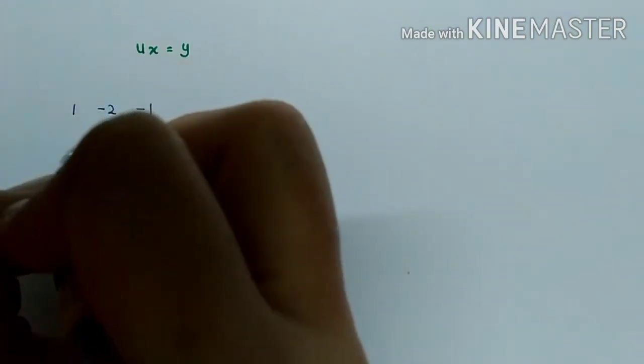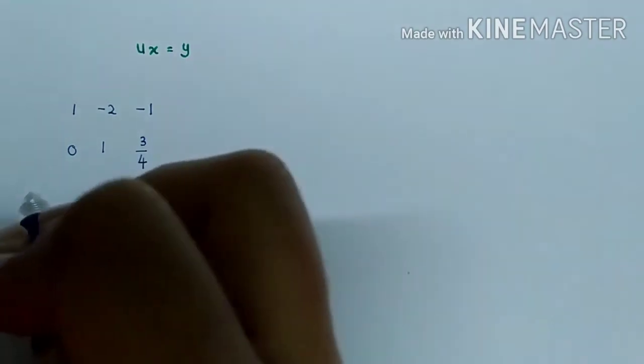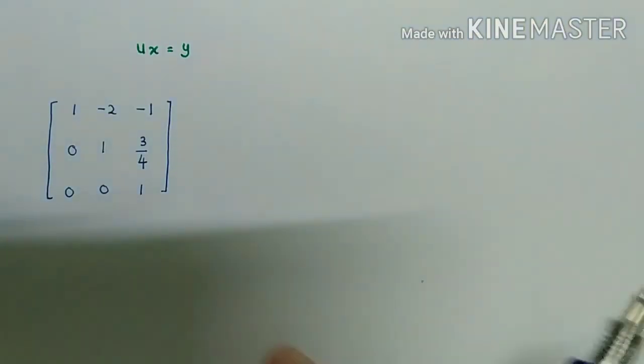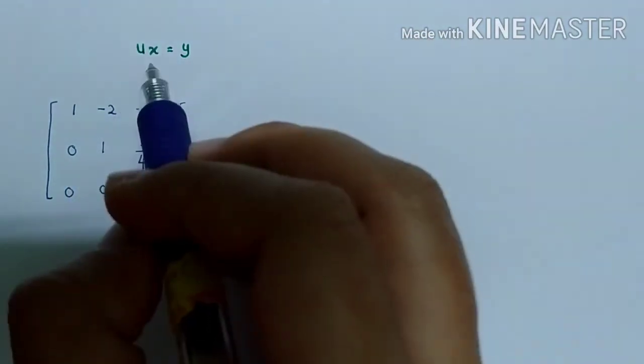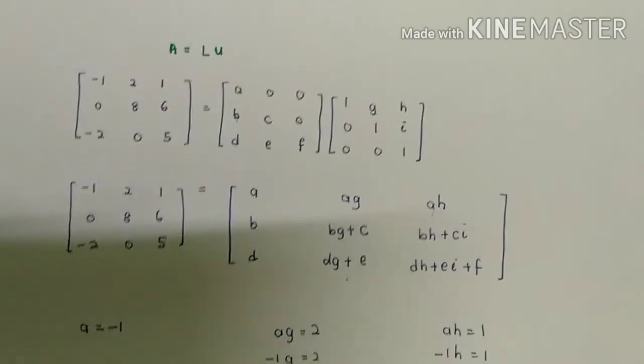So we have 1, negative 2, negative 1. Okay, and then 0, 1, 3 over 4. And 0, 0, 1. Okay, so this is matrix U. Multiply with matrix X from our first step just now.